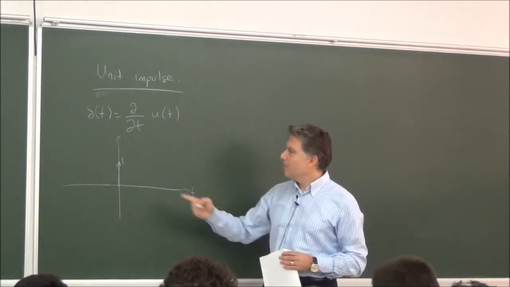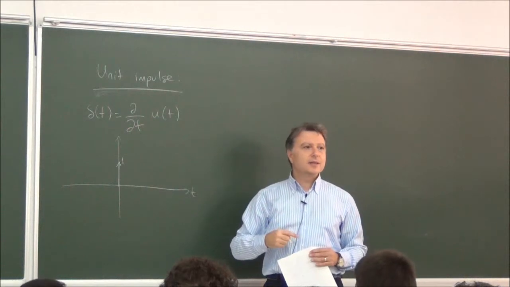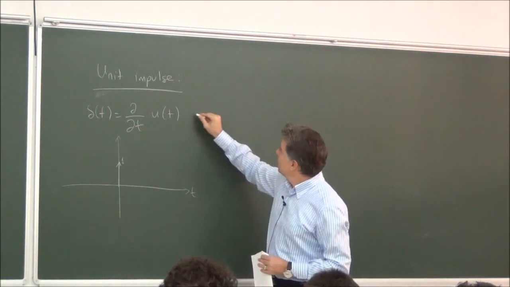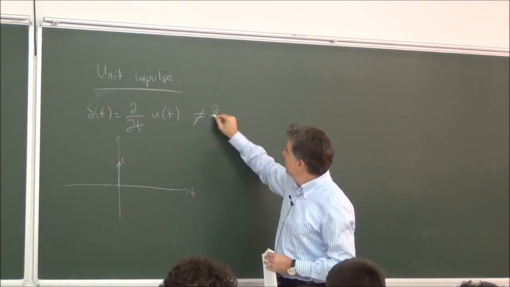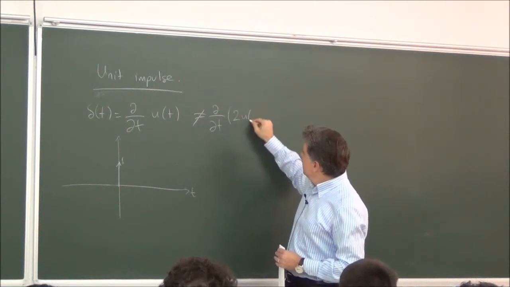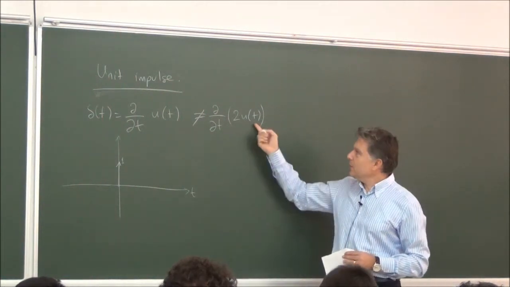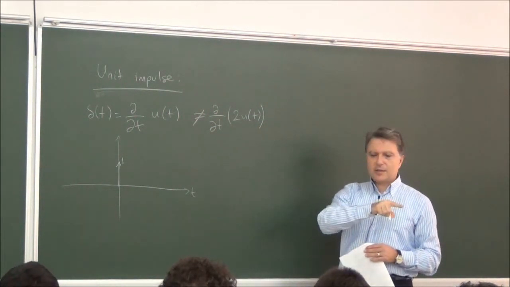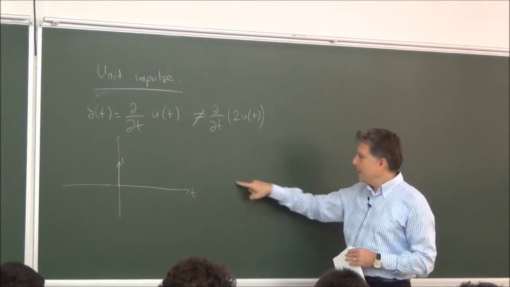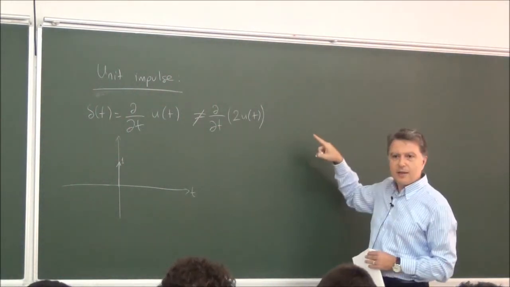It's not 1. But it's the derivative of the unit step function, and it is different from the derivative of, for example, twice the unit step function. What's that, twice the unit step function? It's 0 coming, and then it becomes 2 instead of 1, and it continues as 2.